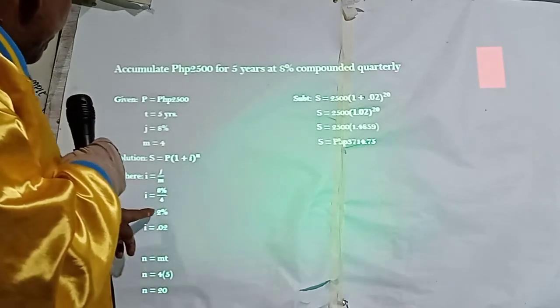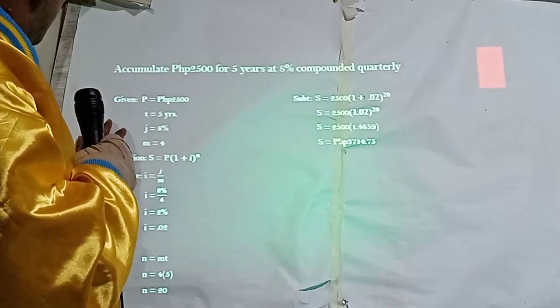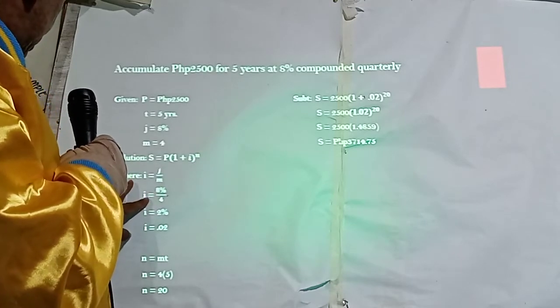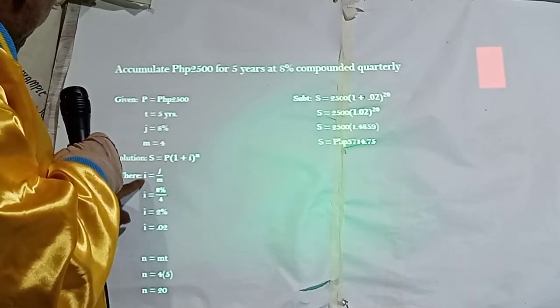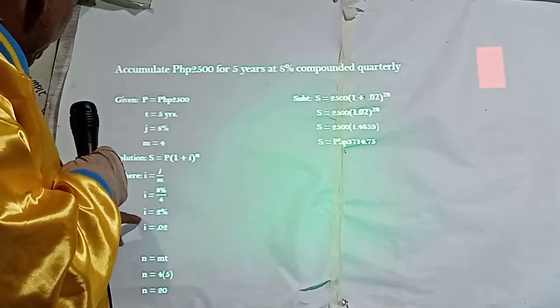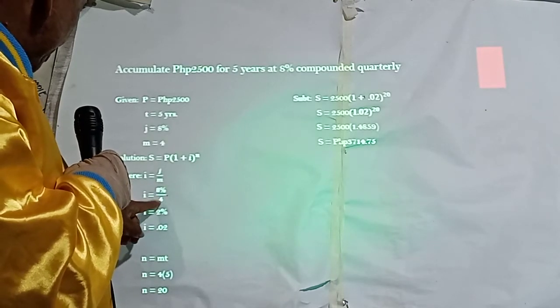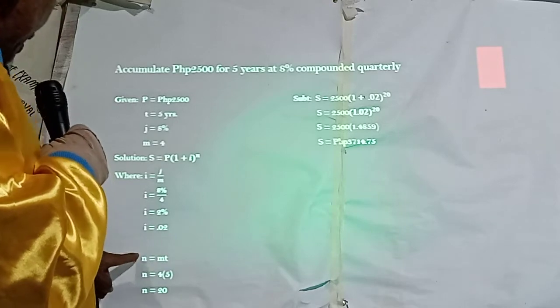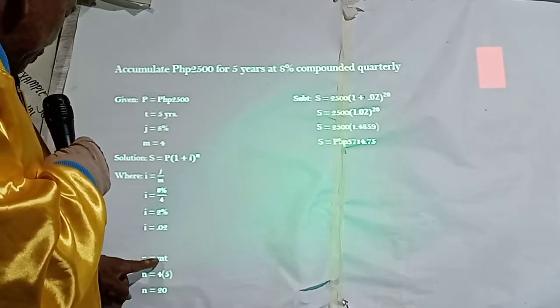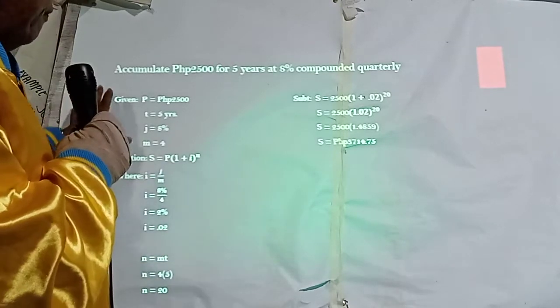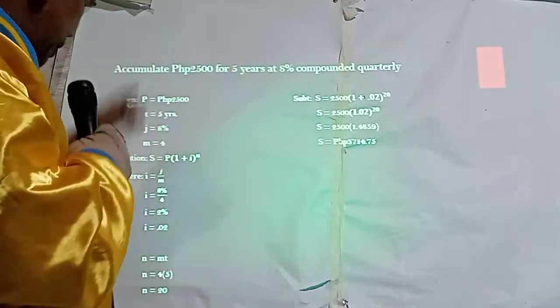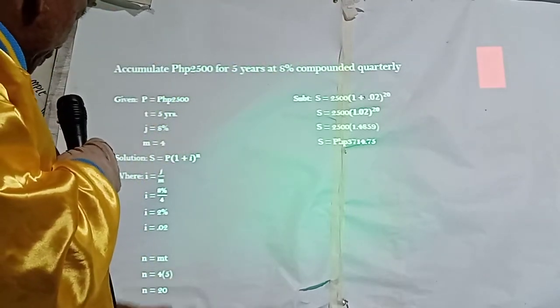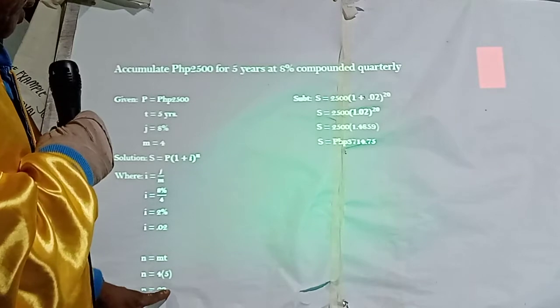And then I is equal to J over M, so 0.08 divided by 4, so I now is 0.02. How about N? Then conversion times the time, so we have 4, since that is quarterly. So 4 times 5, N is 20.